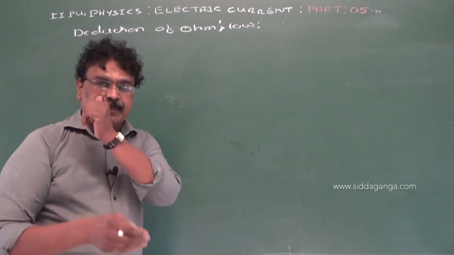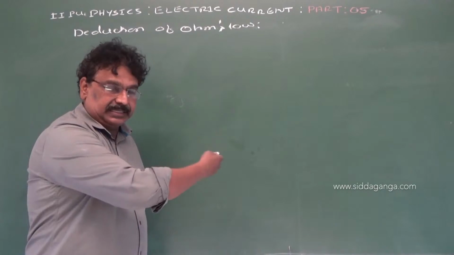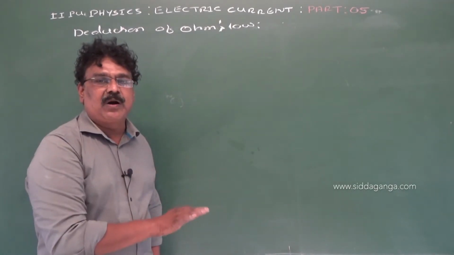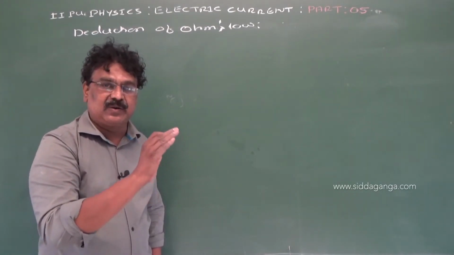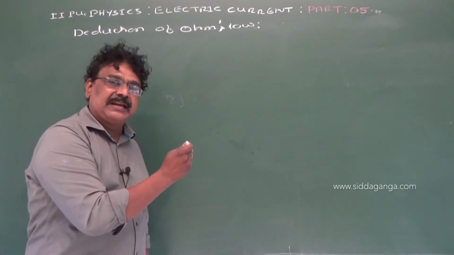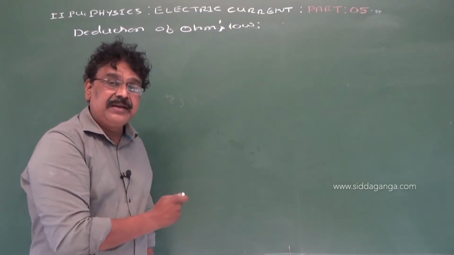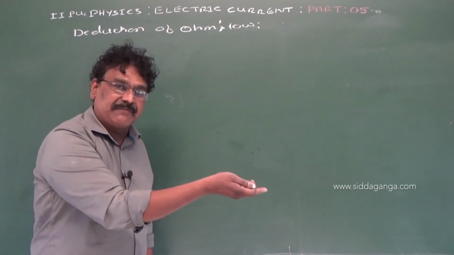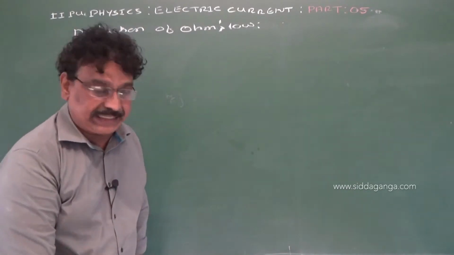The starting point is the same, very much similar to the previous derivation, that is J is equal to sigma into E, but where we took current density and electric field, here we are taking current and potential difference. Otherwise the derivation is almost the same.